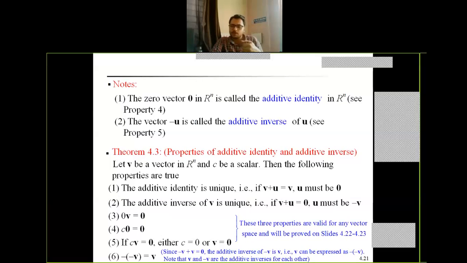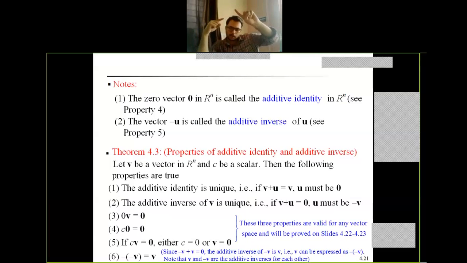It is having the same magnitude as your u, but exactly in the opposite direction. So if u is in this direction, then minus u will be in exactly the opposite direction, but the magnitude will be the same.